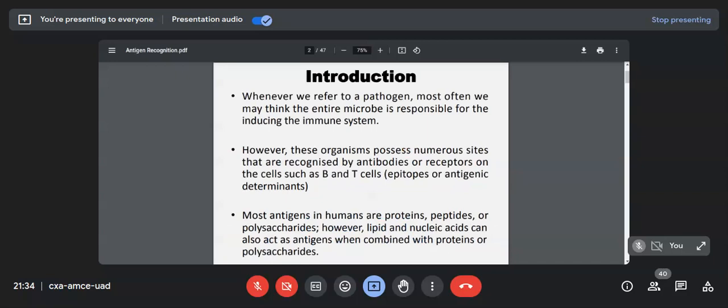So you would find a multiple choice question where they would either say epitopes or antigenic determinants. It is just a particular area or a region on the structure of a microbe that is able to induce an immune response. I don't know if I've gotten that part.